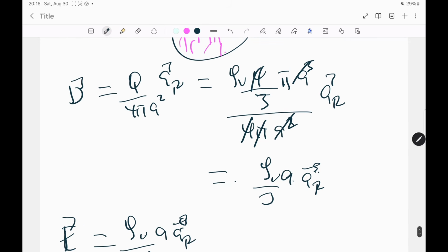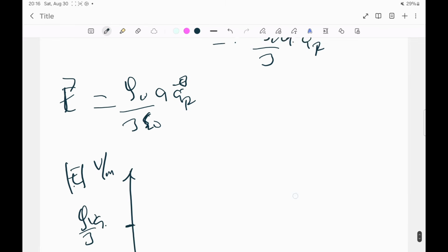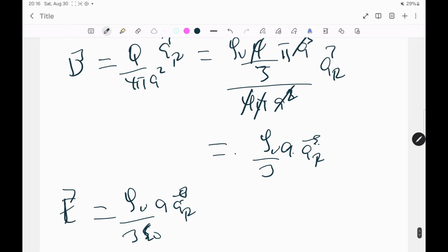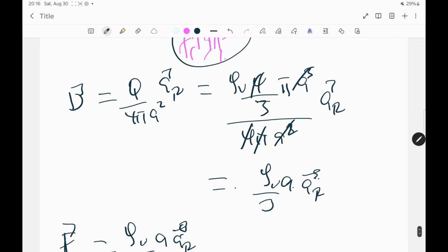And then you can see when R is less than A, what do we get?